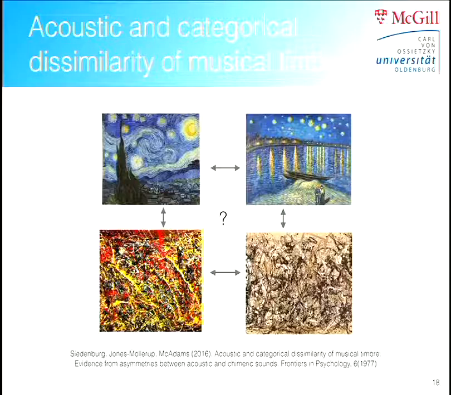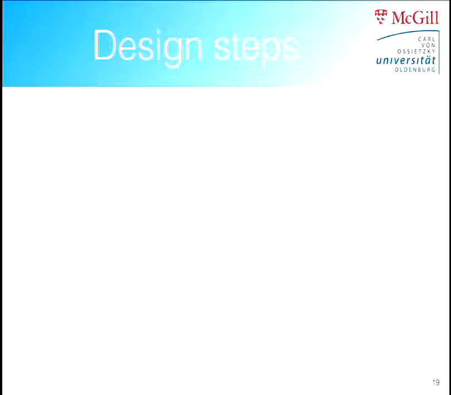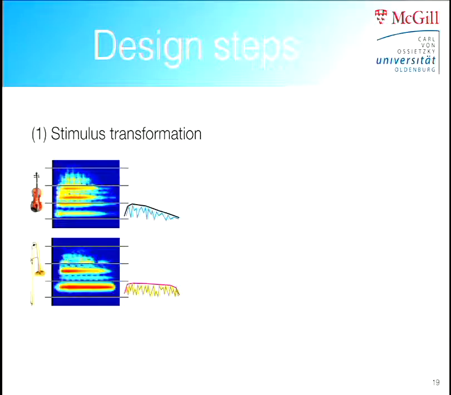So we tried to generate sounds that do not elicit, or only slowly elicit, sound source categories, although this is difficult. Our design steps for this were: we took a set of acoustic instrument recordings, fed them through a Gammatone filter bank, extracted fine structure and envelopes, and then mismatched those.